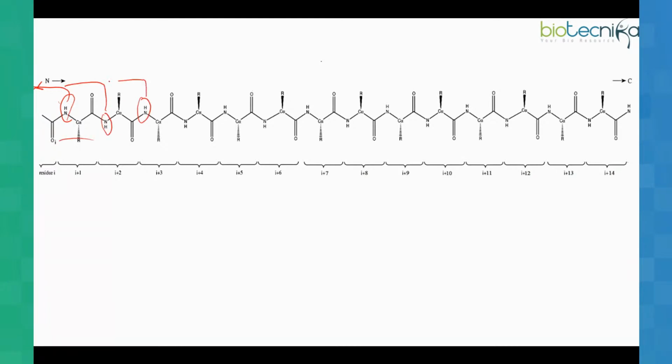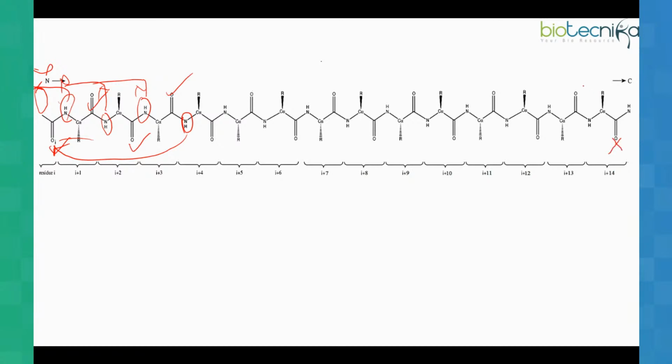If this needs 4, it has just 2. So the first 4 amino groups will not be involved in hydrogen bonding. Only the CO groups will be involved. From the fifth amino acid, yes, they are connected with hydrogen bonding, but the first 4 will not have.